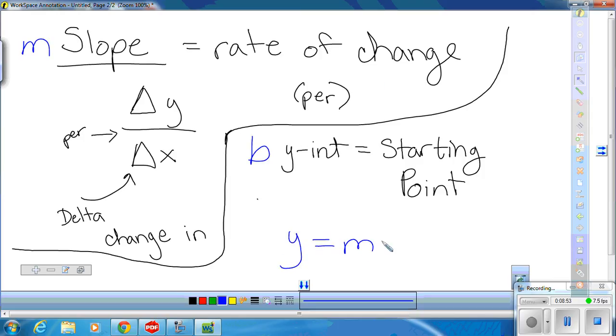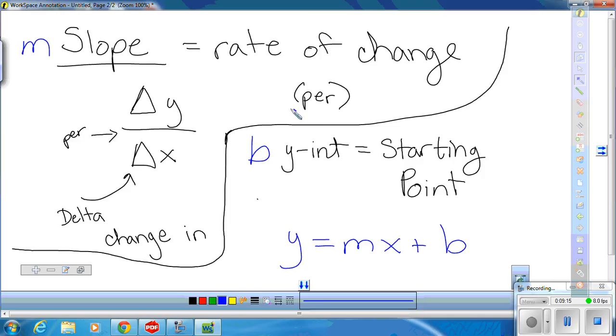y equals mx plus b. I know what my m is going to be because it's going to be the per in the problem. The miles per hour, the beats per minute, he makes $10 per hour. Now sometimes they'll try to throw you off and say, he makes $7 for every hour he works, or she makes $30 for every basket she sells.